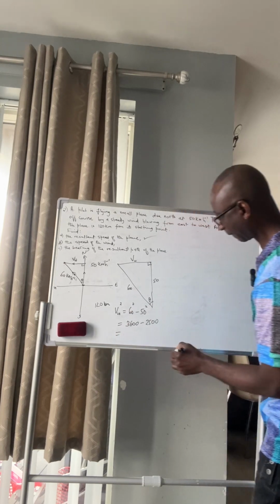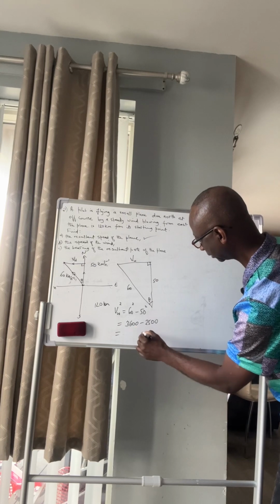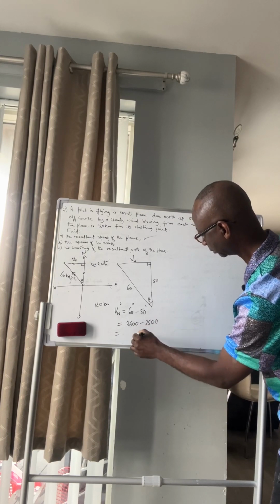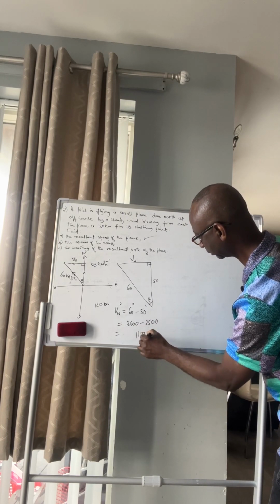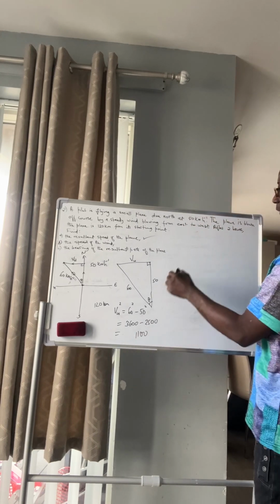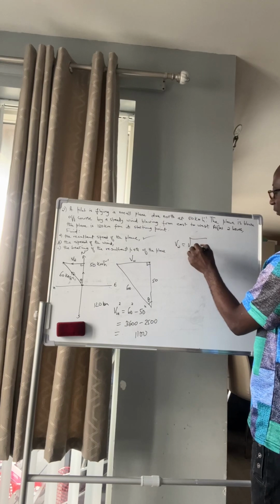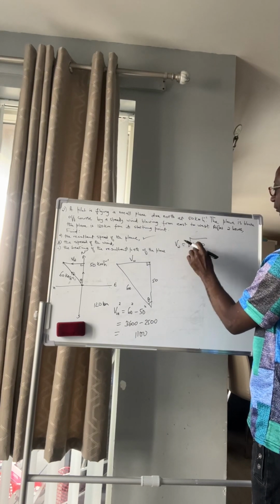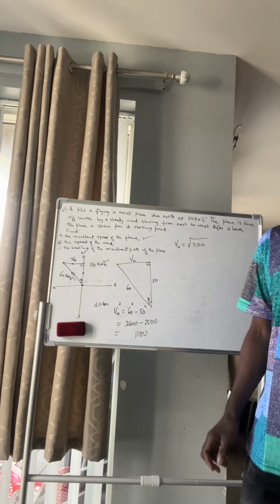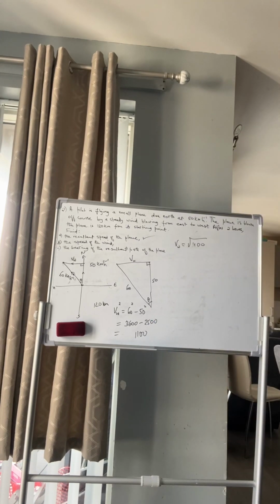So what do we have? This is 1100. And then you want V, not V squared. This is equal to the square root of 1100. What is the square root of 1100?